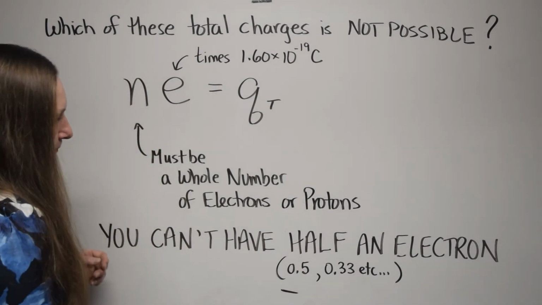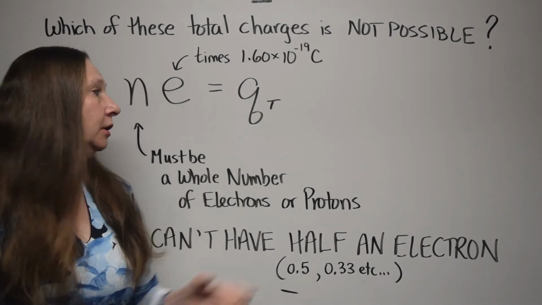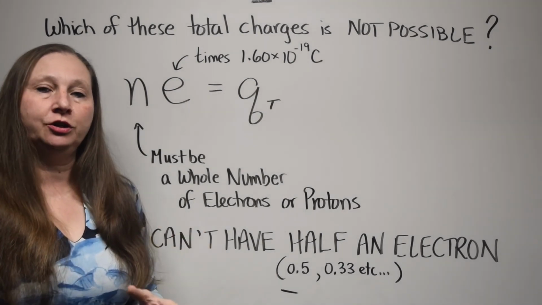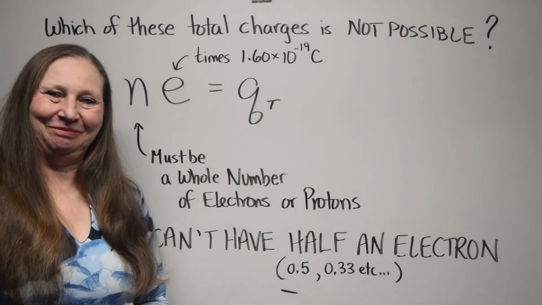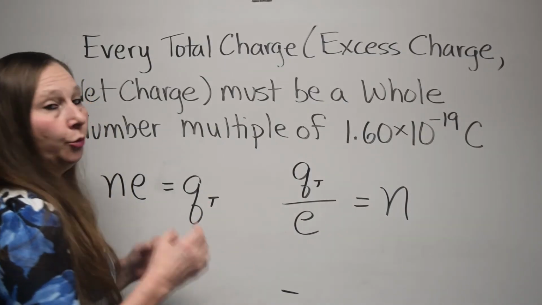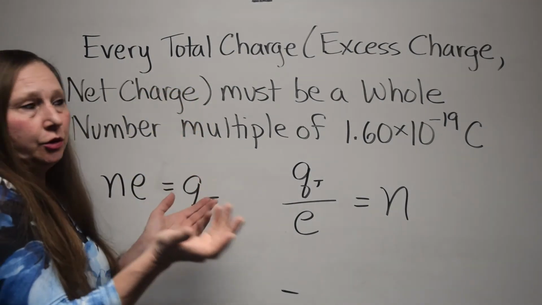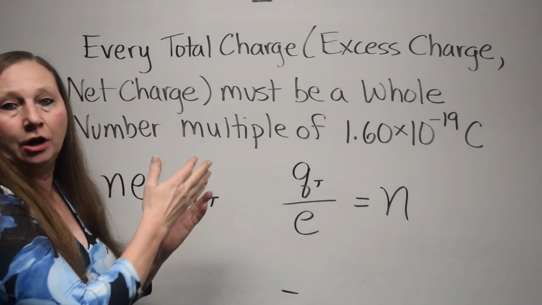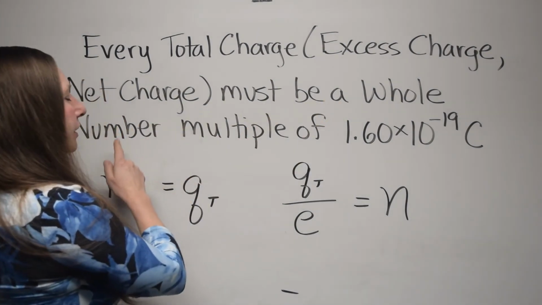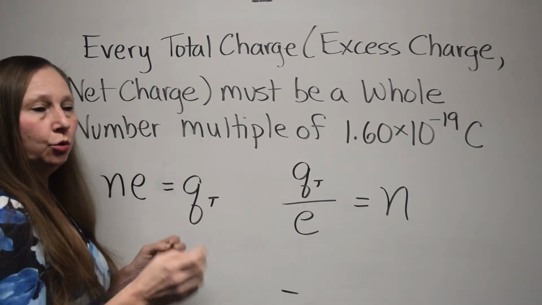All right, so let's try some problems where we're given a bunch of total charges and we're asked, are these total charges even possible? In trying to answer these types of questions, we need to keep in mind that every total charge, and synonyms for total charge are excess charge, net charge, they might even say just charge, must be a whole number multiple of 1.6 times 10 to the negative 19 coulombs.